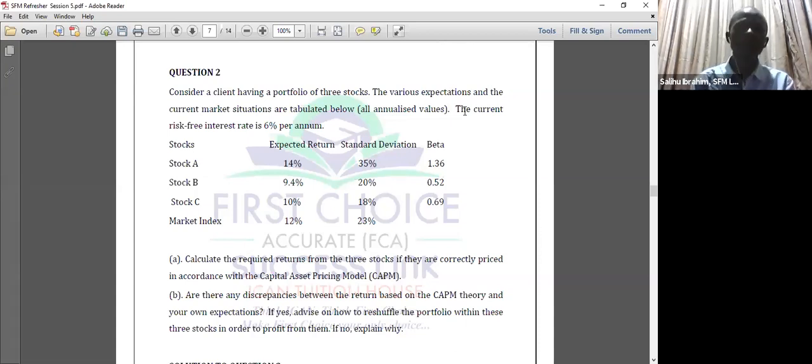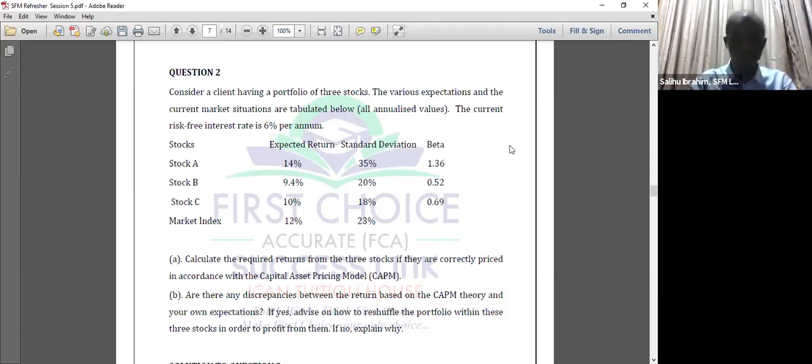Are we together? Okay. And beta is measured as the standard deviation of the stock over the standard deviation of the market. We're going to see all these formulas as we progress.